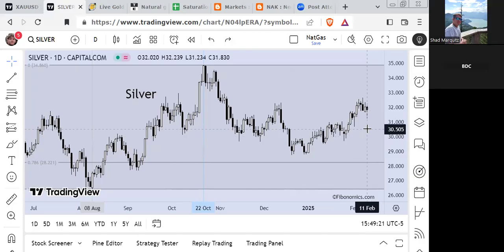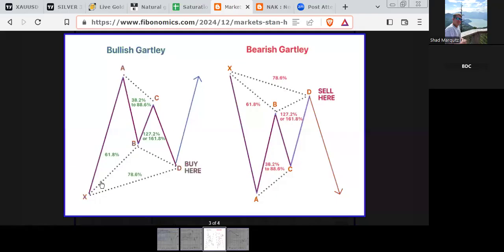So, if you think it's okay, Shad, let me show what a Gartley pattern looks like technically on a teaching tool. I think that would be helpful for people watching, just to know what the Gartley pattern looks like. Okay. Now this is the bullish Gartley. This is going to be way too simplified, but here's your bullish Gartley.